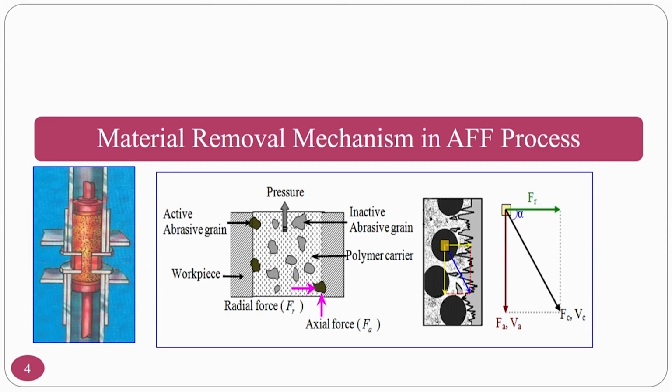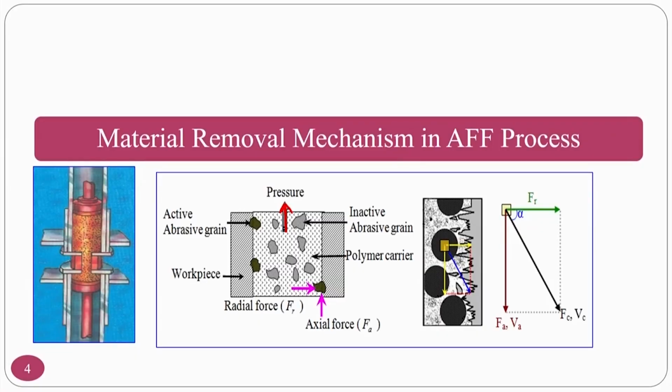If you see, the extrusion pressure is applied. In the previous class we have seen the downwards arrow. In this one you have an upward arrow, or if you assume that you are going to apply the extrusion pressure in the same direction, there are radial force and radial velocity.